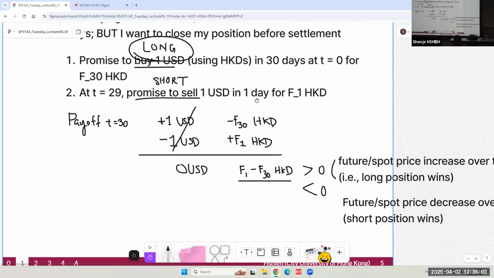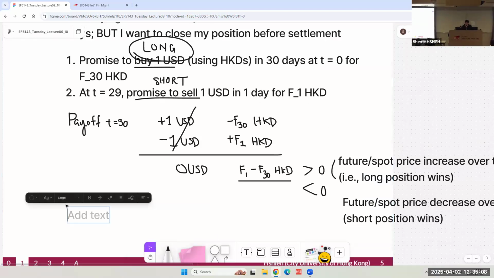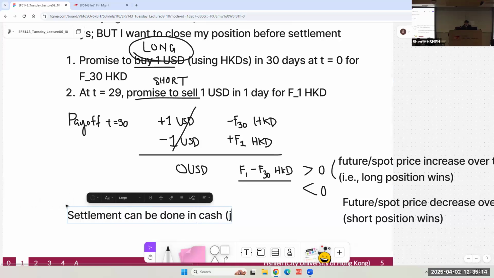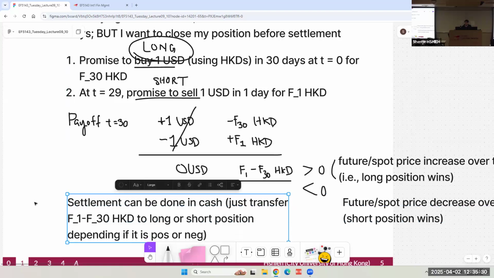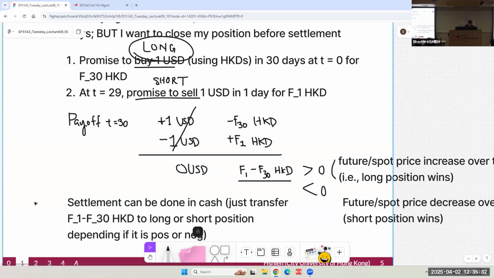If you do this unwinding, settlement can be done in cash and you just transfer F minus F1 minus F30 to the long or short position, depending on whether it is positive or negative. So you now have a general understanding of unwinding.